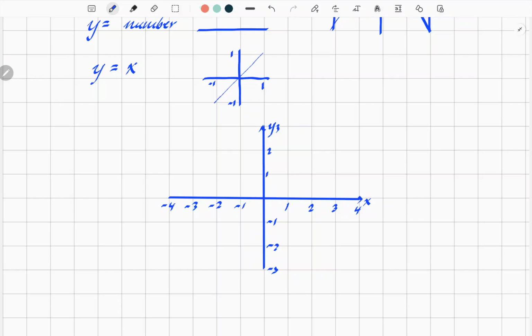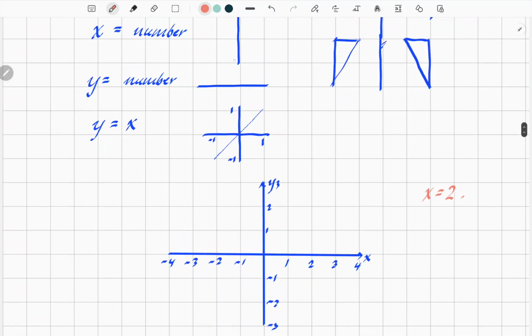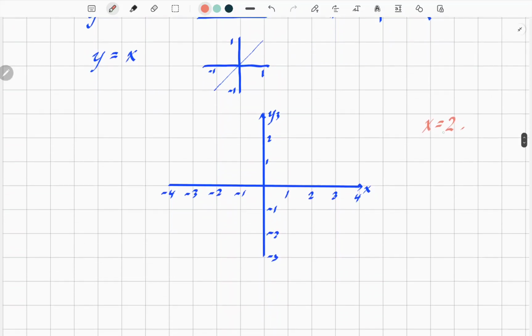If I have a line, for example, x equals 2, then as I said before, it's a vertical line. X equals a number is a vertical line through the point on the x-axis with that value, 2. So that's going to be here.